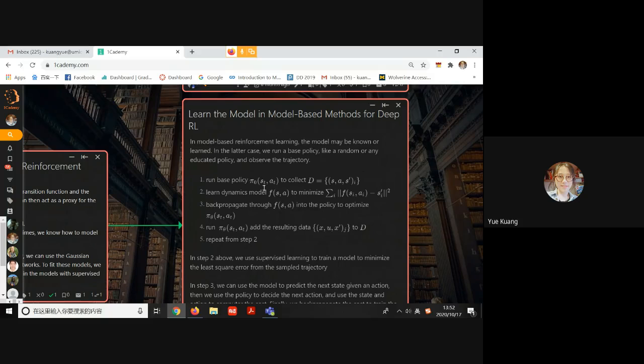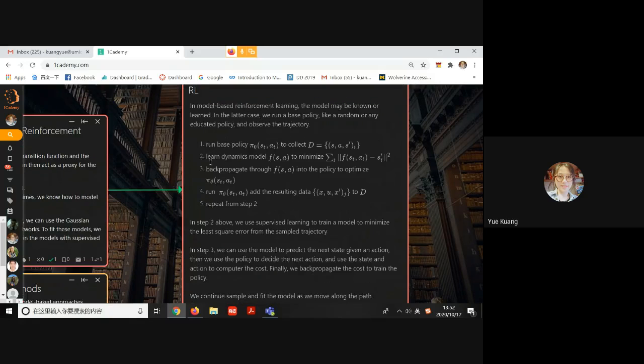It can be a random or any educated policy. Then we observe the trajectories and save them in the set D. In step 2, we use supervised learning to train a model, f(s, a), which minimizes the least square error on the sampled trajectories.